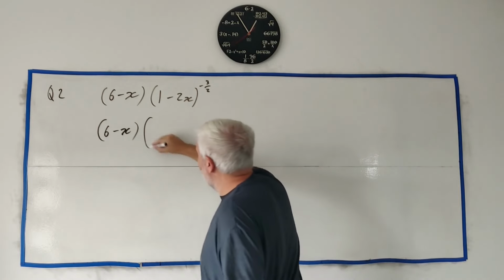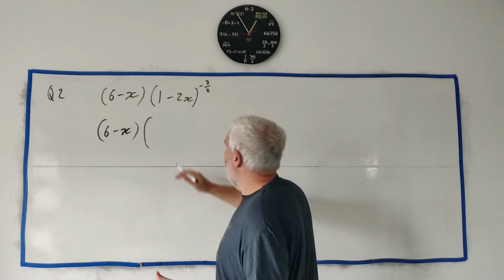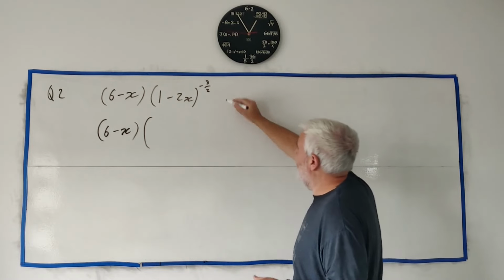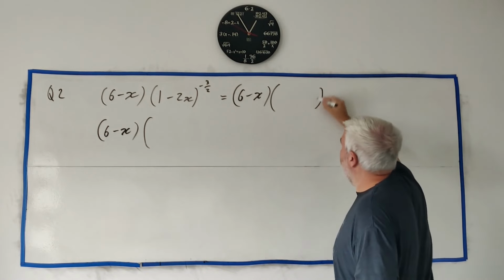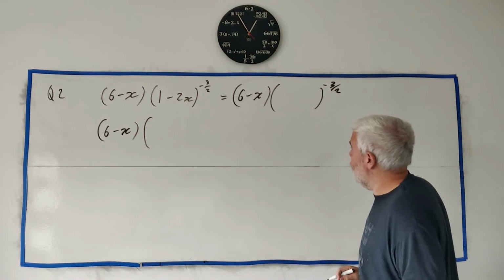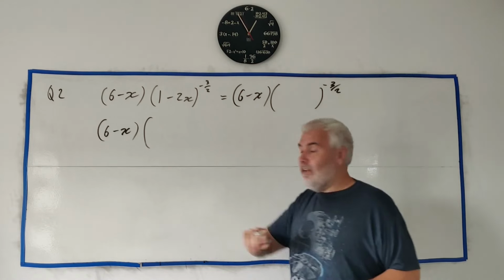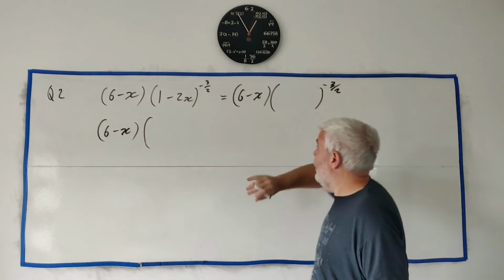Expanding this out, I'll open a nice big bracket. The formula just tells us that, before I do that, let me write this one more time. 6 minus x multiplied by something to the power of 3 over 2. Something that trips up a lot of students is that the formula they give us has x in it, but it's not the same x as we're looking at here.